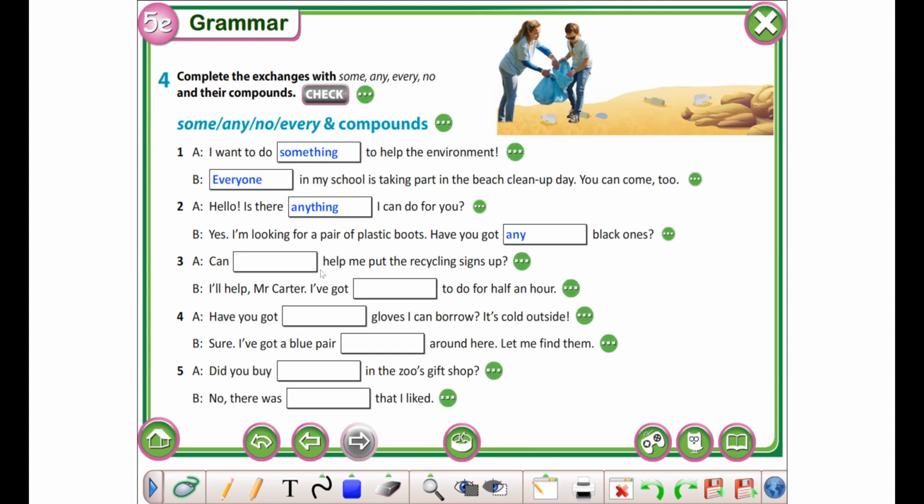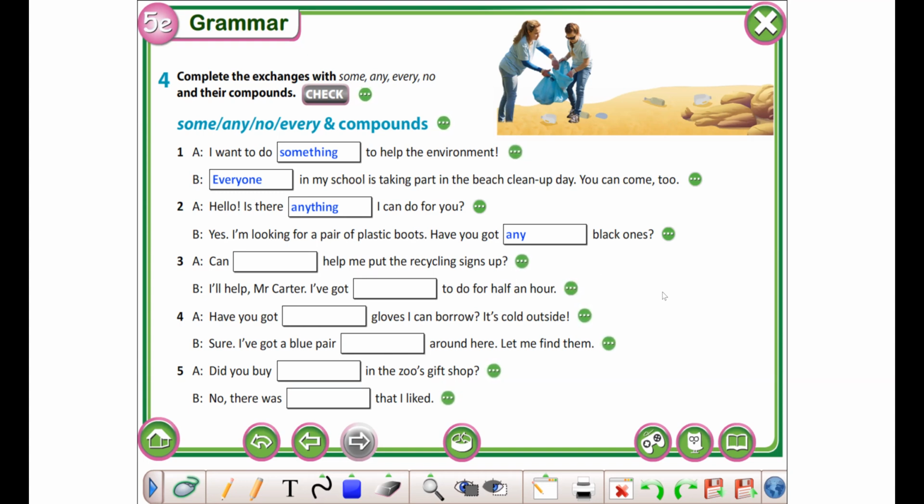Okay. Who is next? Митко? Дали някой може да помогне? Okay. Can някой? Which word? Can. Yes, I'm looking for a pair of... Number 4, number 3.